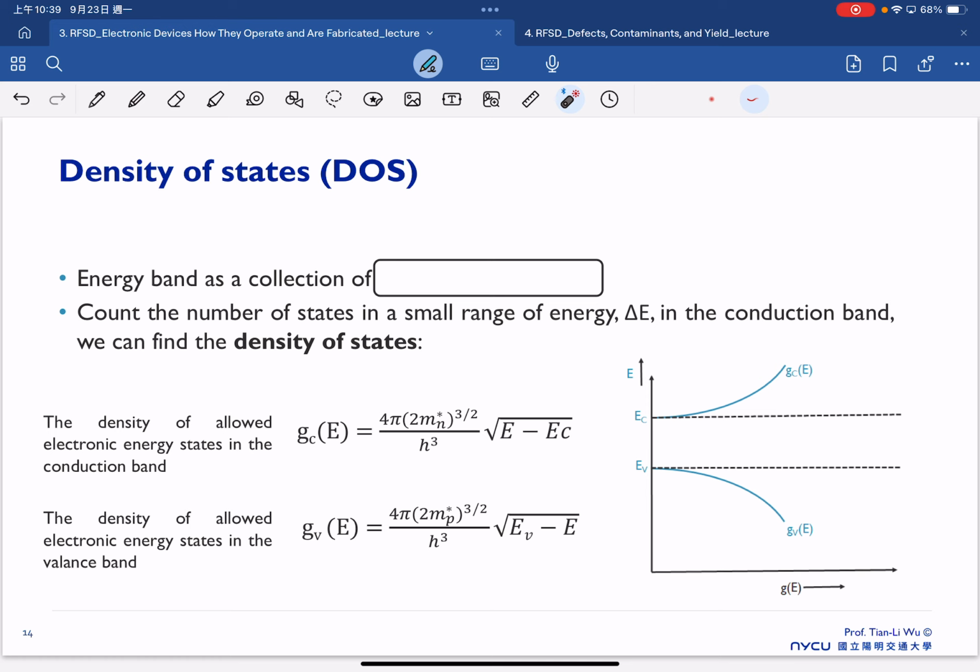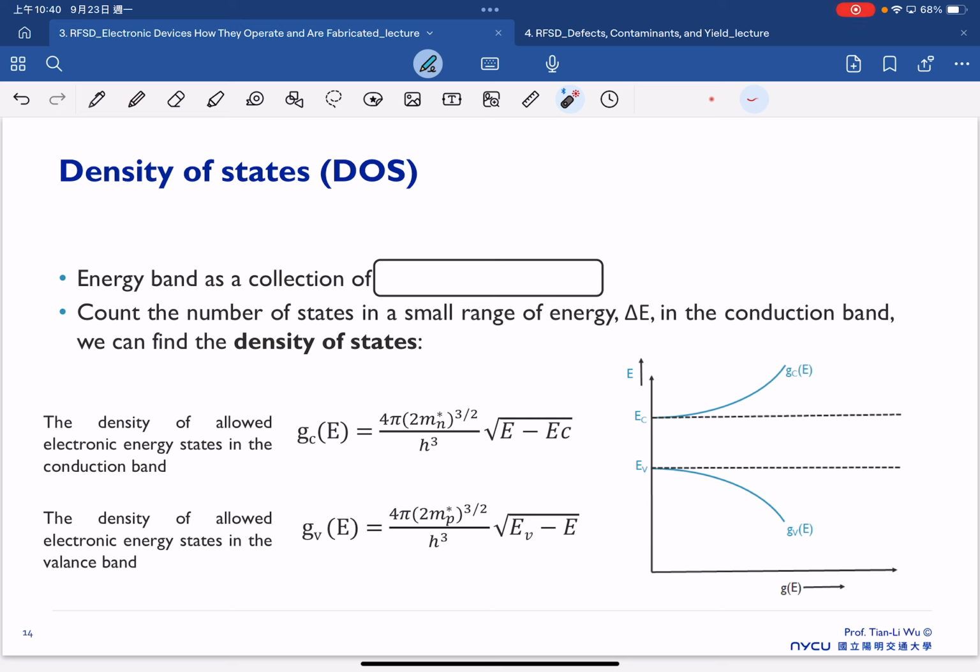And next, we need to also discuss a little bit about how we start to accurately calculate the carrier concentration. Because the problem is now we know we cannot precisely determine our carriers, the electrons and holes. But now we hope to have one way to precisely calculate the concentration. Therefore we need to come up with something called the density of states.